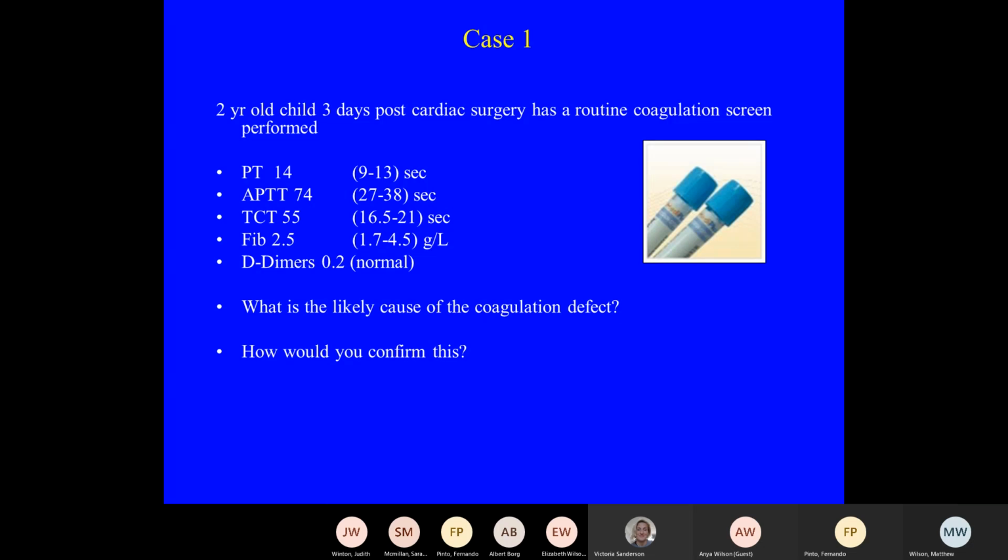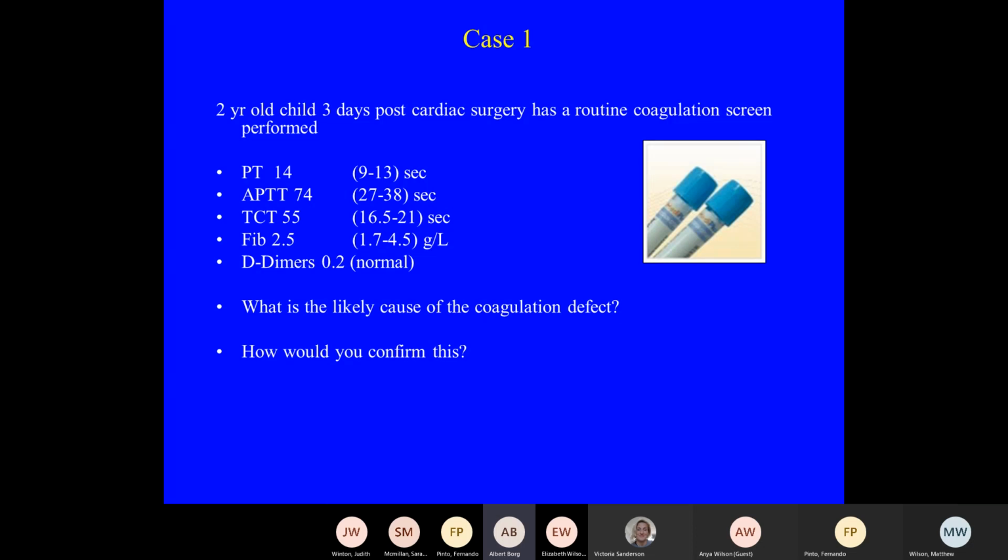So what do you think about these results? On the right side of the results, you have the normal values. So we've got a fairly prolonged APTT and a prolonged thrombin time, and the rest is pretty much normal. So what is the likely cause of the coagulation defect?